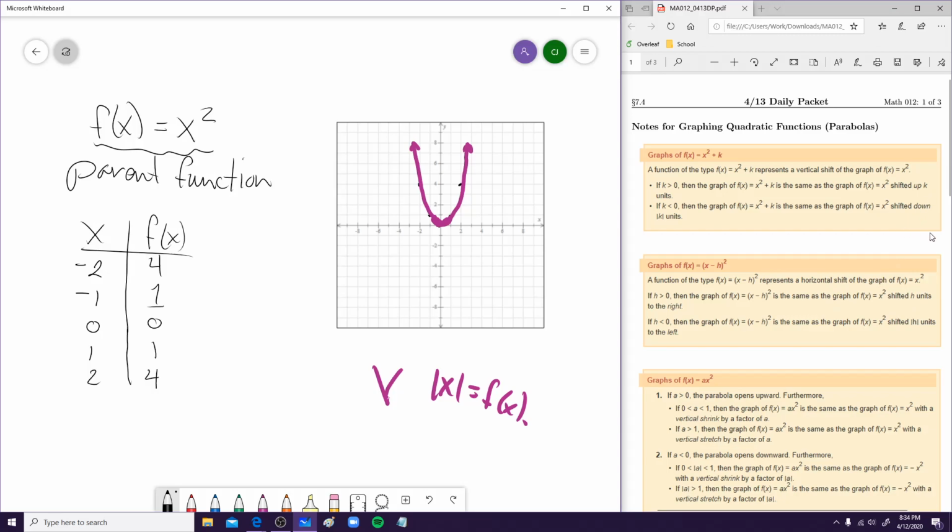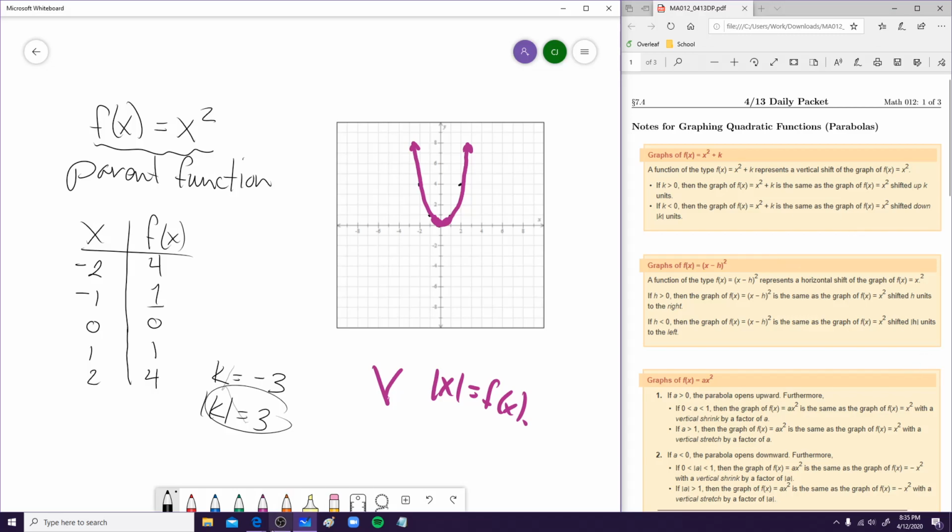If k is positive, then the graph of x squared plus k shifts up k units, and if k is negative, then the graph will shift down the absolute value of k units. It says absolute value of k because if k was equal to -3, you're going to shift down 3 units, not down -3 units. So you do want to shift down 3 units.